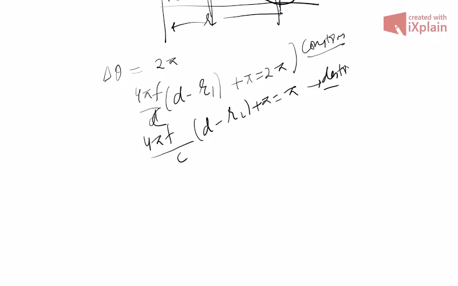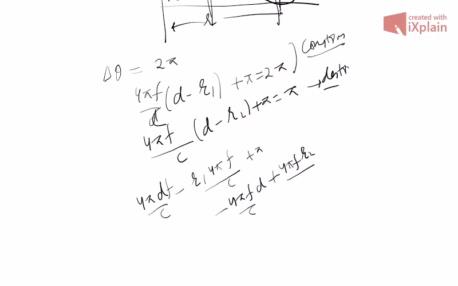So now if you subtract the two, what will you get? 4 pi f d by c minus 4 pi f r1 by c plus pi, minus 4 pi f d by c plus 4 pi f r2 by c minus pi, is equal to 2 pi minus pi.